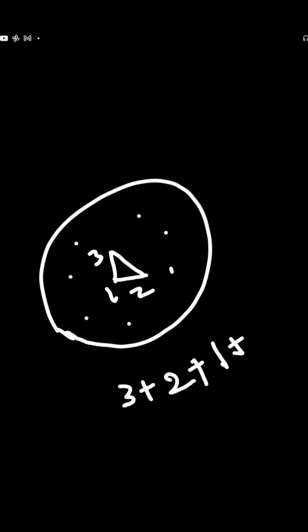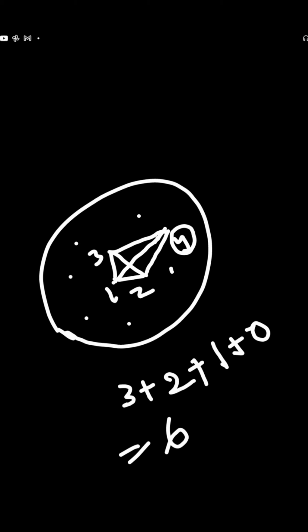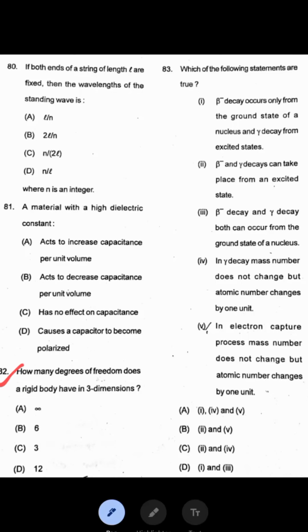Then if you consider a fourth particle, it will have 3 constraints, that its distance from 1, 2 and 3 will be constant, and 3 degrees of freedom. So the net degrees of freedom for the fourth particle, or any other particle, will be equal to 0. So the total number of degrees of freedom will be 6. So here the answer is 6.